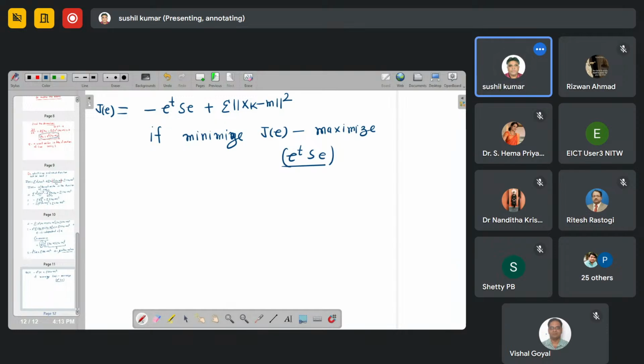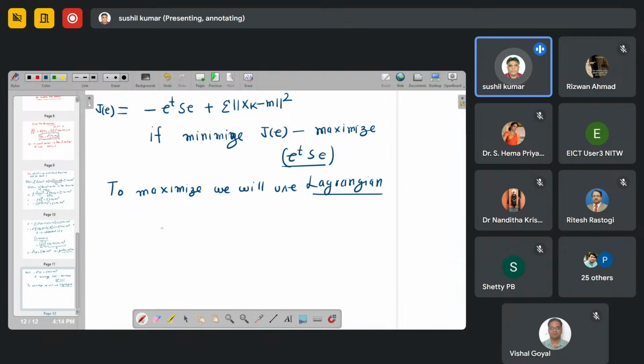This is for principal component analysis. But how can you maximize this portion? We will use some basic mathematics here, the Lagrangian equation.